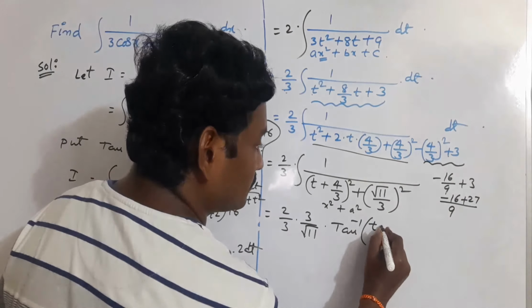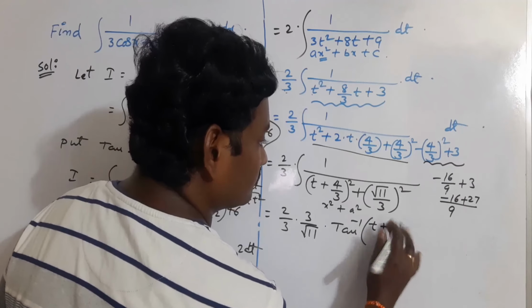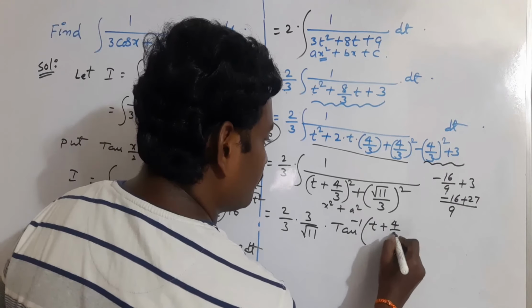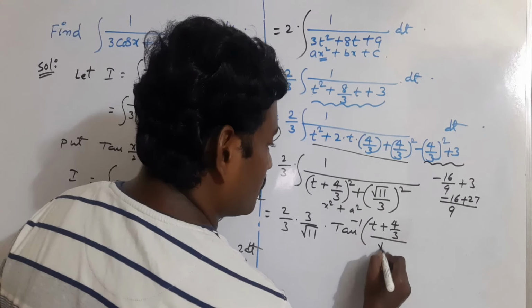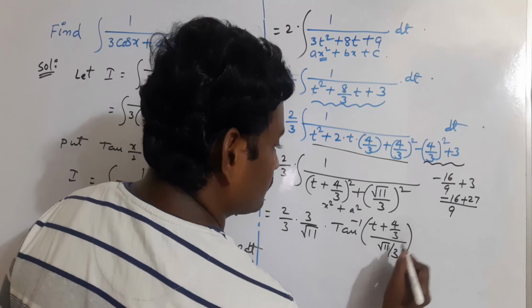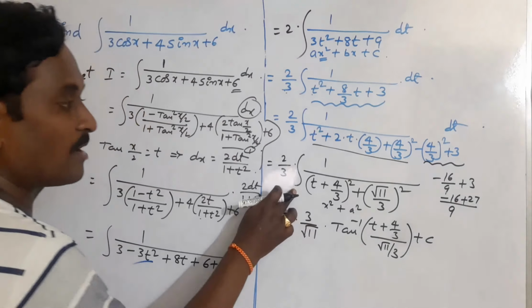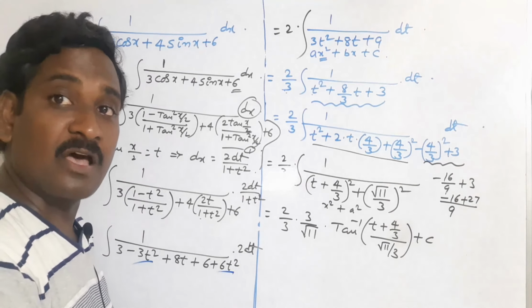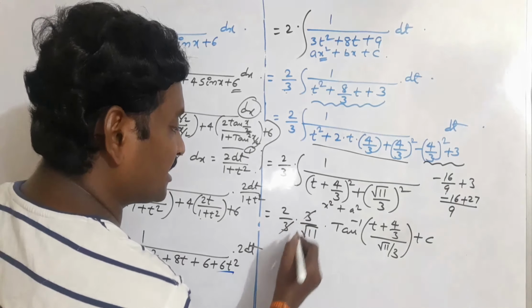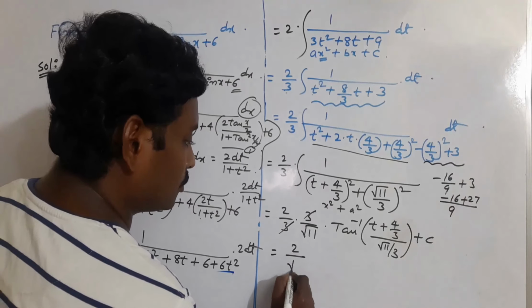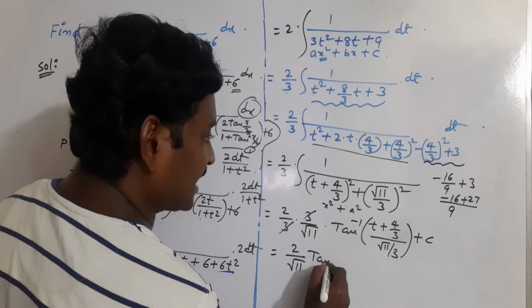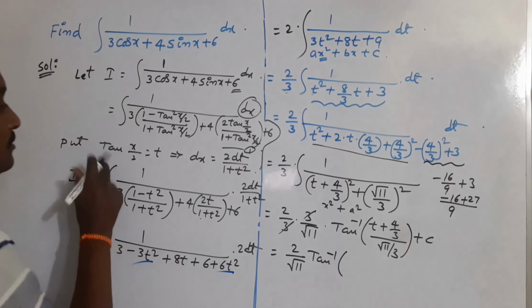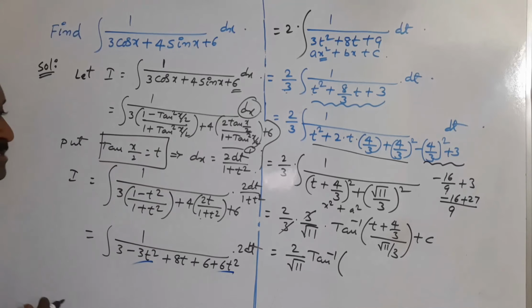What is the x value? t plus 4 by 3, over root 11 by 3 which is a, because it is in the form of the integration of 1 by x square plus a square, whose formula is 1 by a into tan inverse of x by a. That's why. So 3 getting cancelled. 2 by root 11 into tan inverse of, replace the value of t with tan x by 2. So t is nothing but tan x by 2.